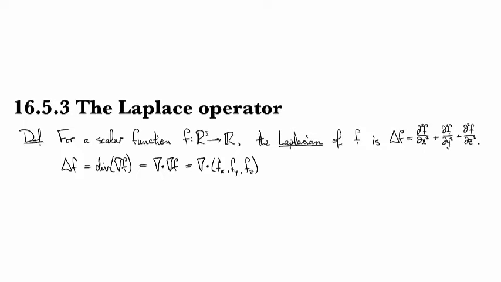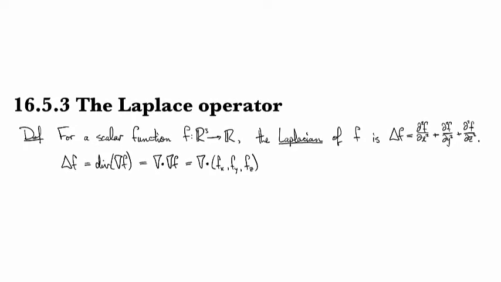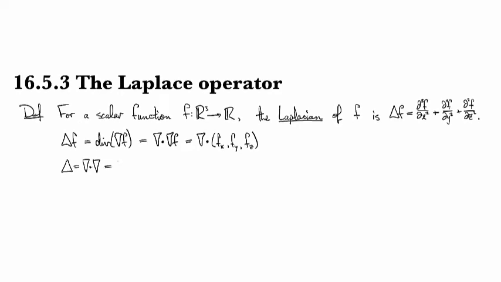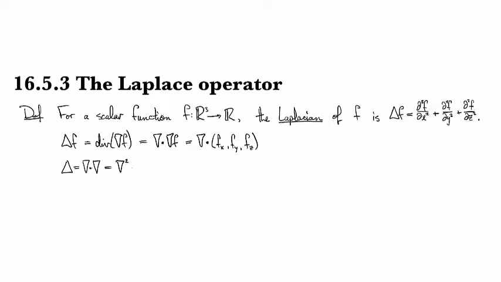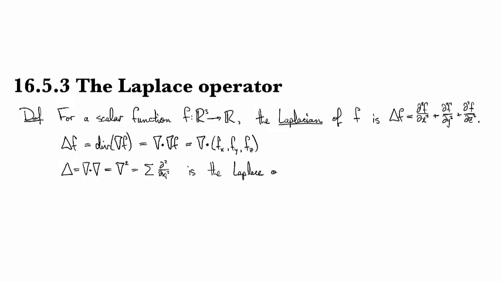So when you apply the del dot like this, you take the x partial of the first one, the y partial of the second one, the z partial of the third one, and add them up, and you get the sum of the second partial derivatives. So this triangle, which is sometimes denoted by this, or even more slangily as del squared, and it's the sum of the second derivatives, is the Laplace operator.